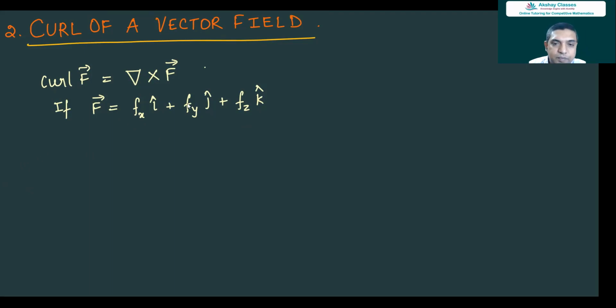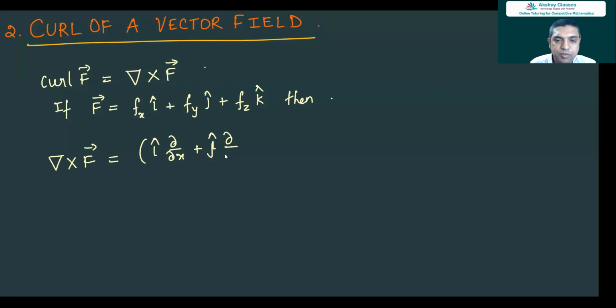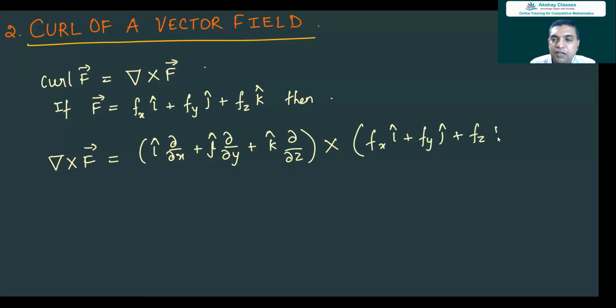So now, how is del cross F defined? So we know it's an operator. So it will be like this: I times dou by dou X plus J times dou by dou Y plus K times dou by dou Z crossed on F. Now, how do we do cross product of two vectors?